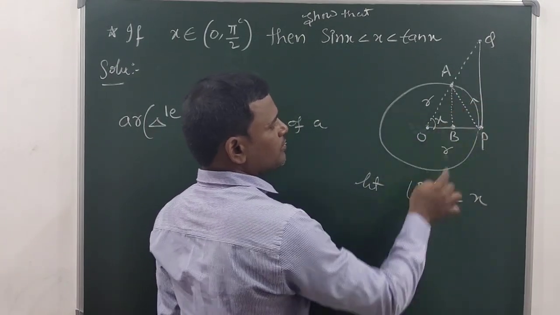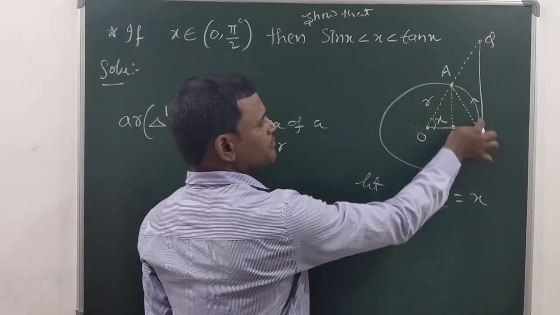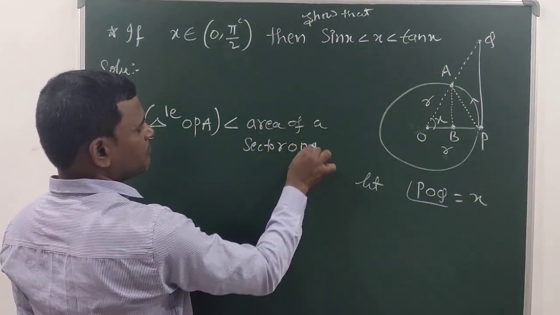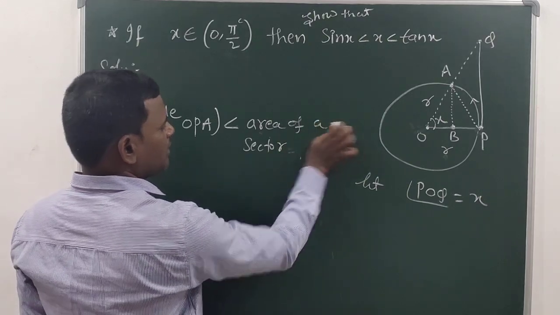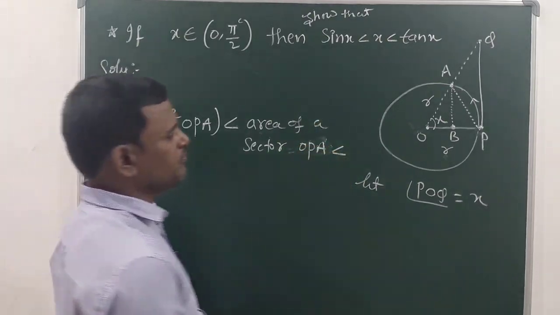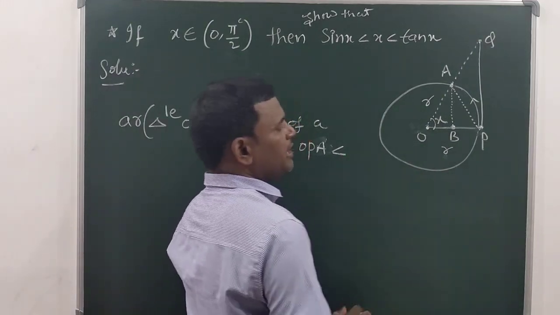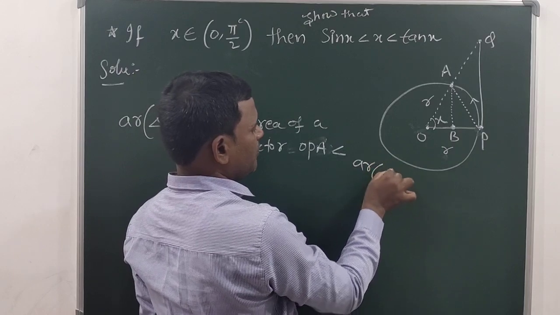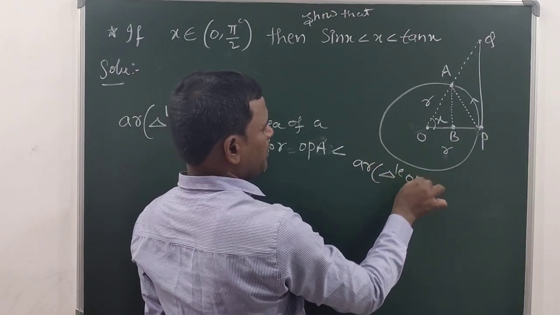This is one sector OPA. So area of sector OPA is smaller than area of a triangle OPQ. Area of triangle OPQ.